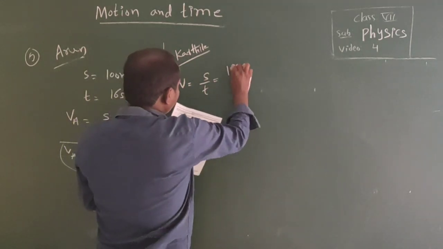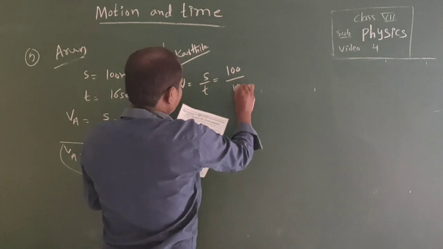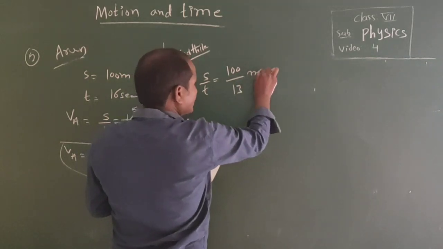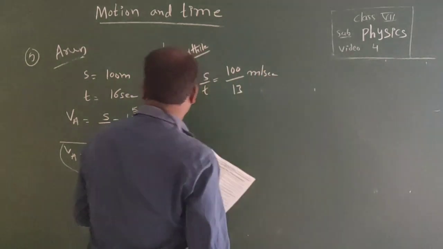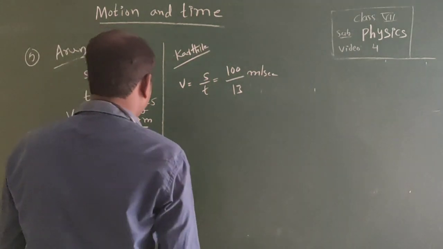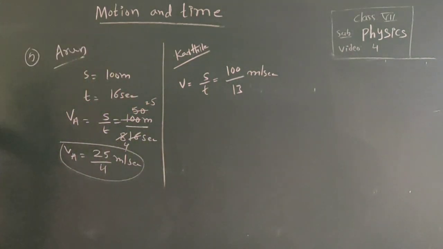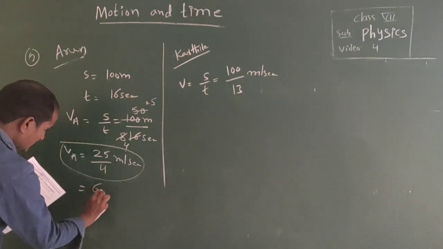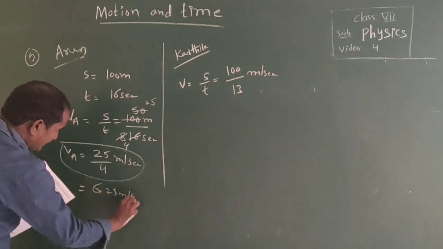S equal to 100 meters by 13 seconds. 25 by 4 is equal to 6.25 meter per second.